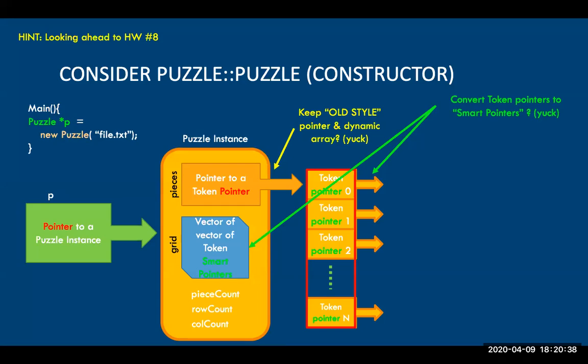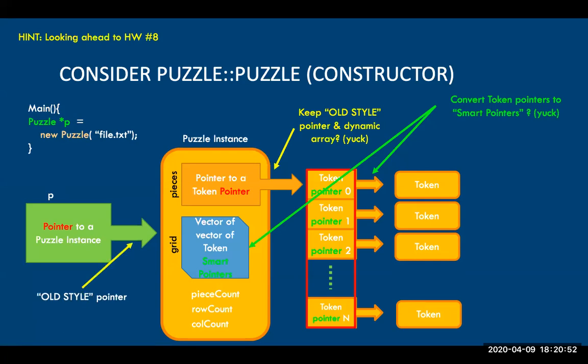We could dynamically allocate this thing in red, but then use it using this old school pointer here, and then fill it up with these smart pointers. And then you have this mixed bag of old style and new style together, right? So we kind of half converted, but it's not really the good way to go. It's really rather messy in code when you get down to it. So generally the school of thought is if you're going to do things the modern way, you should go all the way, right? And so this is really the messy solution.